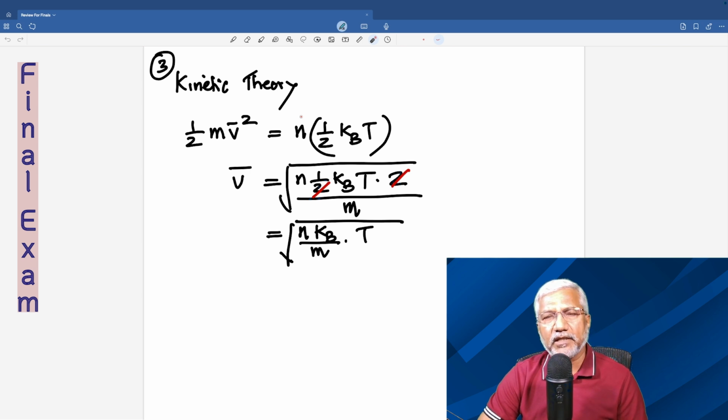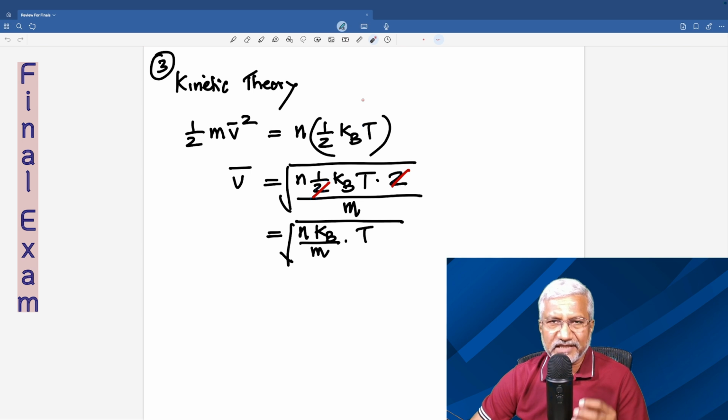For polyatomic, that means anything more than 2 atoms, like carbon dioxide, which has 3 atoms, 1 of carbon, 2 of oxygen, there are 6 degrees of freedom. So 3 for monoatomic, 5 for diatomic, 6 for polyatomic. So that's N. 1/2 kBT is the energy of a molecule.